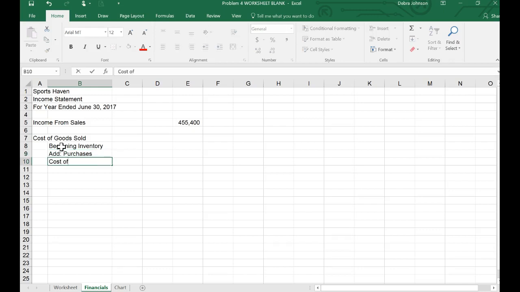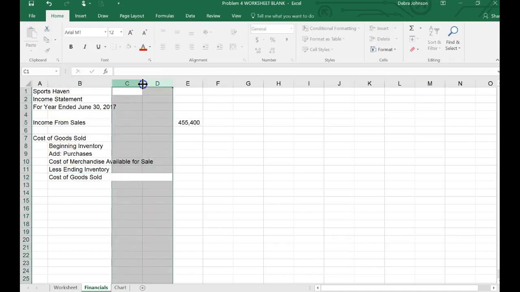And that gives me cost of merchandise available for sale. And I'm going to subtract out my ending inventory. And that will give me my cost of goods sold or cost of merchandise sold.